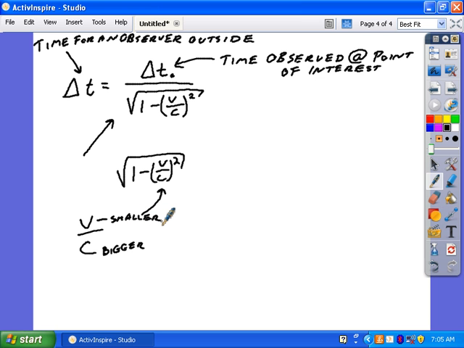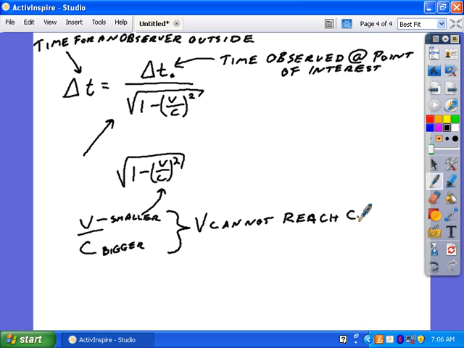So what that means here is as this one gets larger and larger and closer to c, it will never, ever reach 1. v cannot reach c.